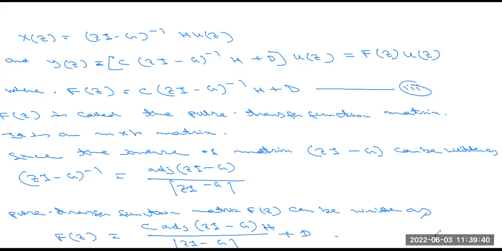Okay. Now clearly here the poles of F(z) are the zeros of the determinant of (zI minus G).